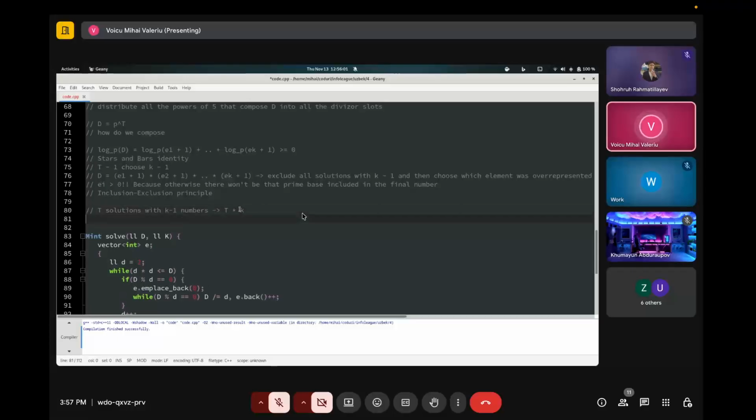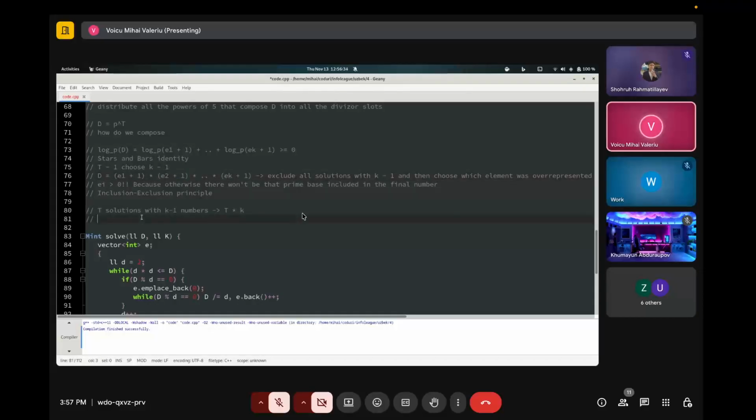But then the issue is that the way we would count the solutions with k minus 1 numbers would be flawed for the same reason. It might be the case that we include another solution where there already exists an element equal to 1.